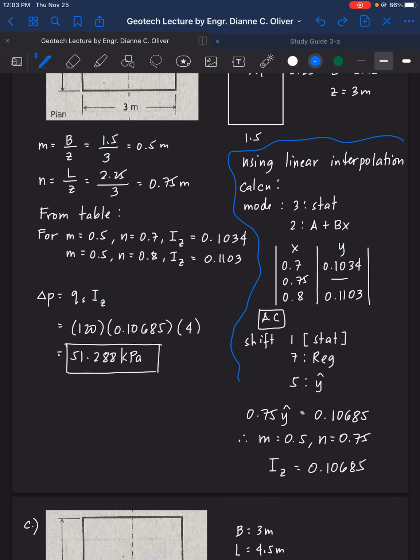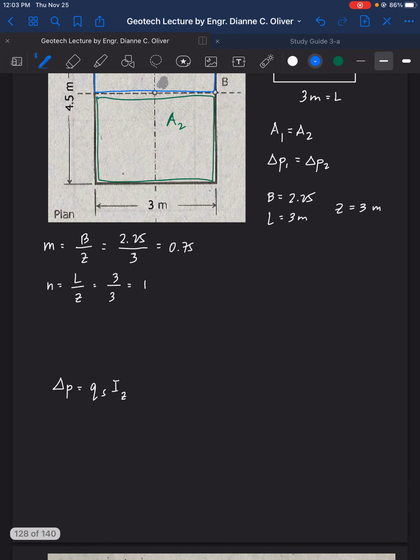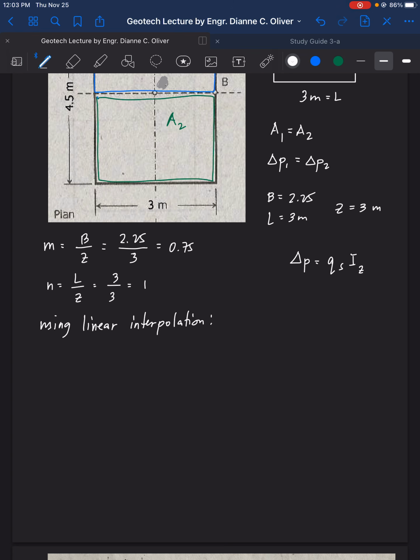So using the calculator. So what did we get here from the table?